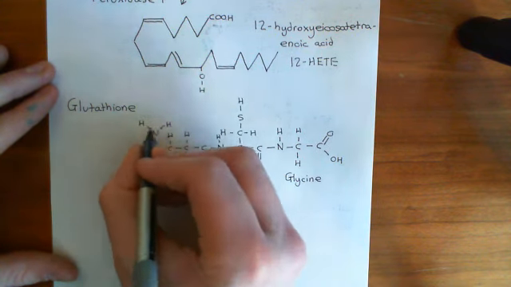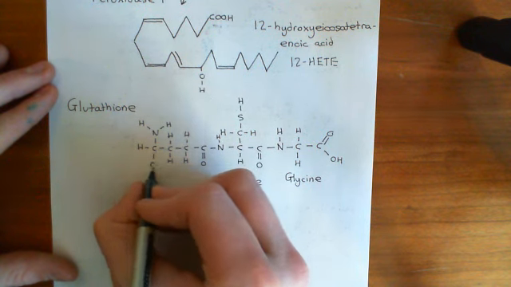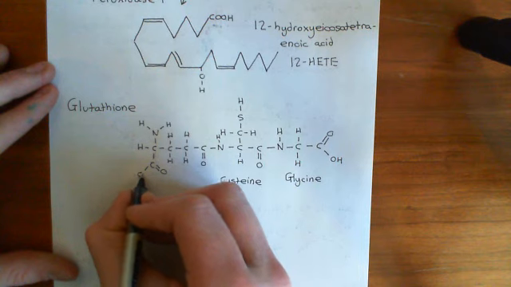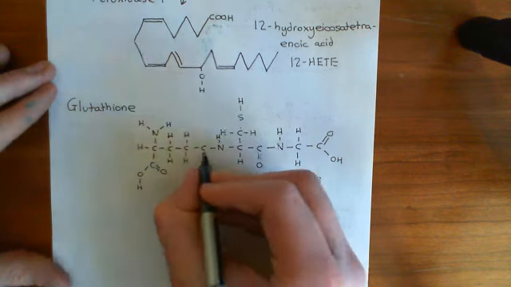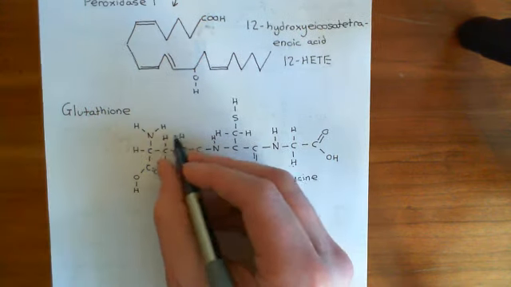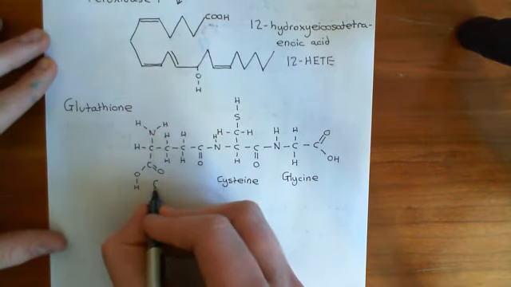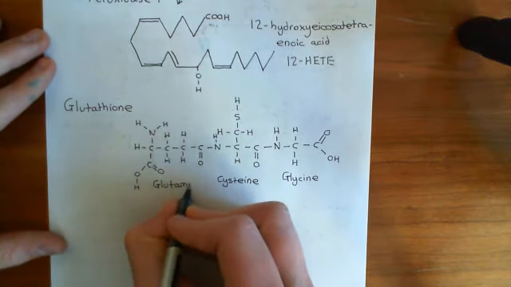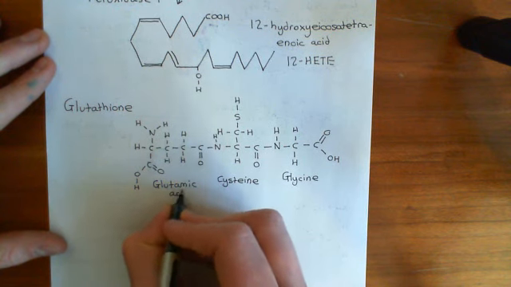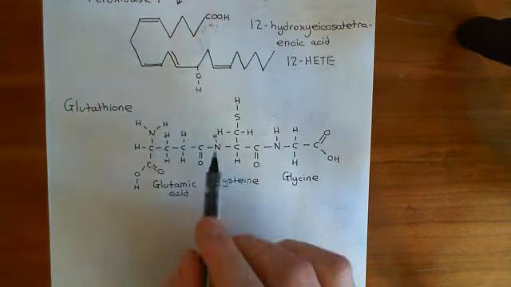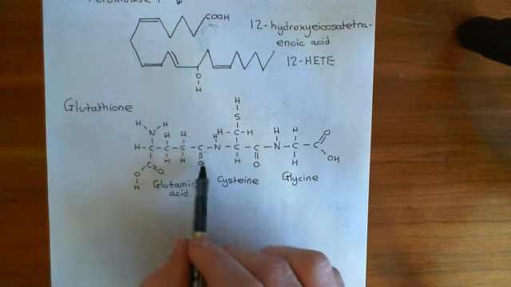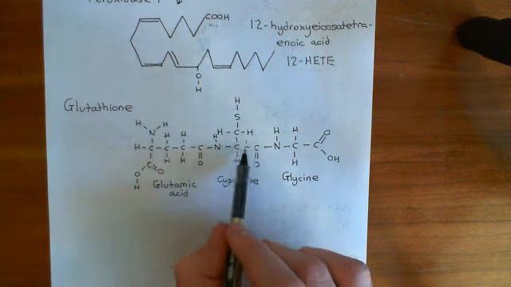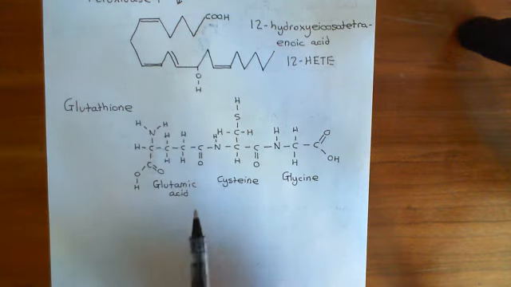So here's the amino group, the alpha carbon, and then the normal carboxylic acid group that this should have been linked to is down here. Instead it's been linked to the carboxylic acid group in the R group of glutamic acid, because glutamic acid has a 3 carbon carboxylic acid group as its R group. So we've linked via an amide link the carboxylic acid group within the R group of glutamic acid to the amino group of the cysteine residue.